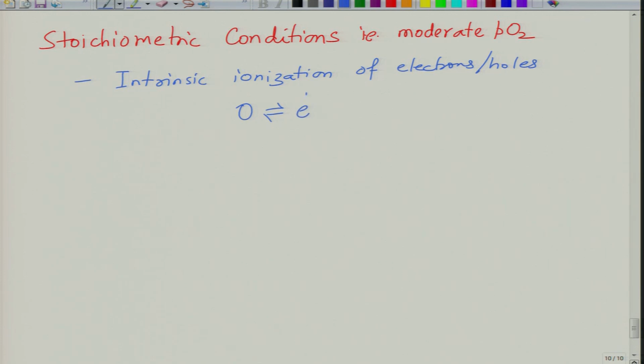So, in such a scenario, your defects that will form are e plus h, and in this case Ki would be equal to Ne into NH, all right, which is equal to Ne square, which is equal to NH square, because Ne is equal to NH because of electrical neutrality.